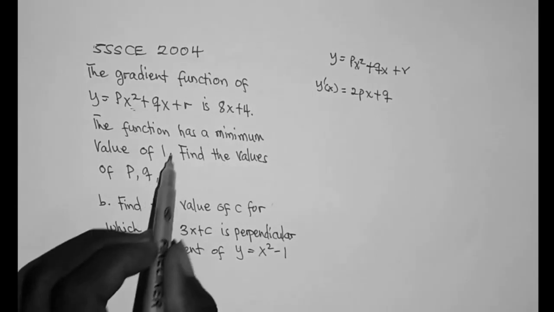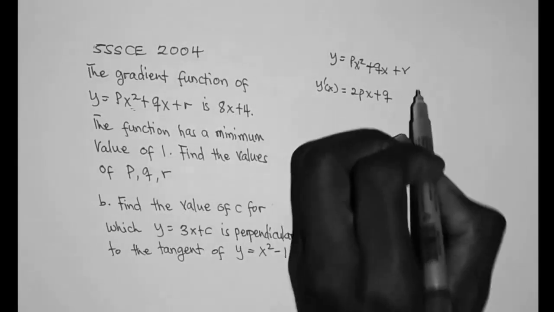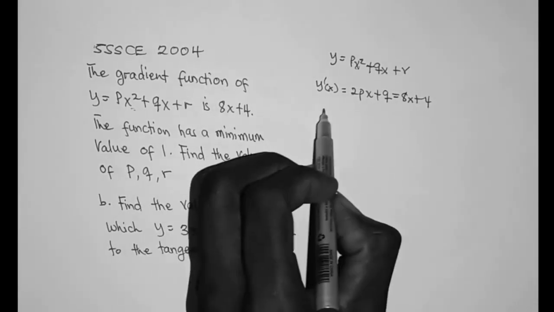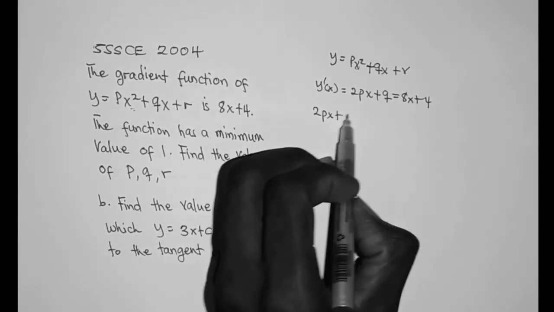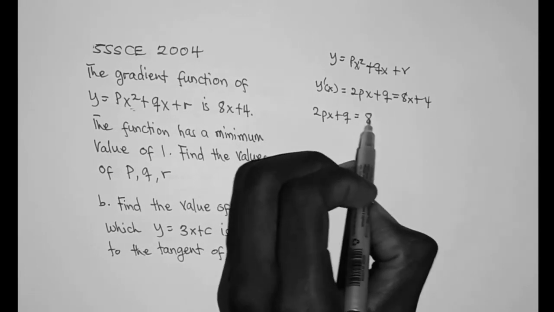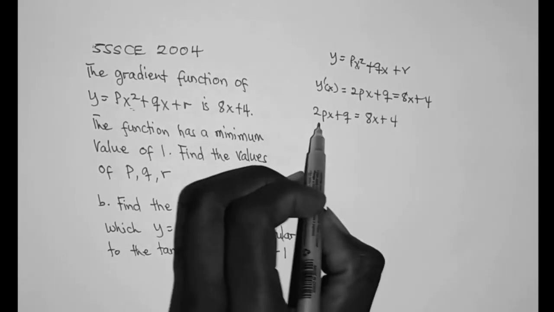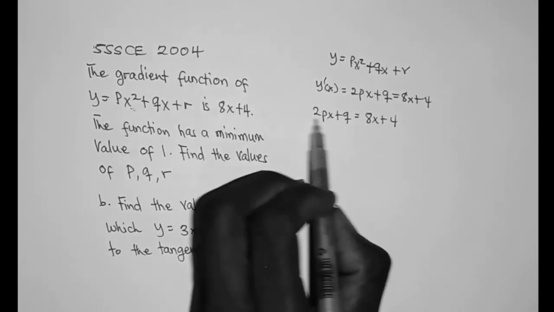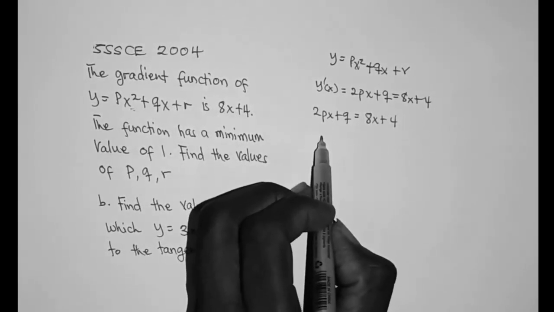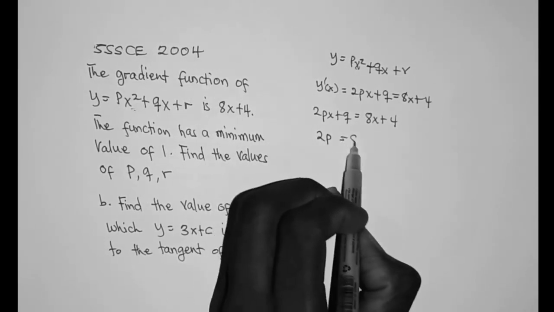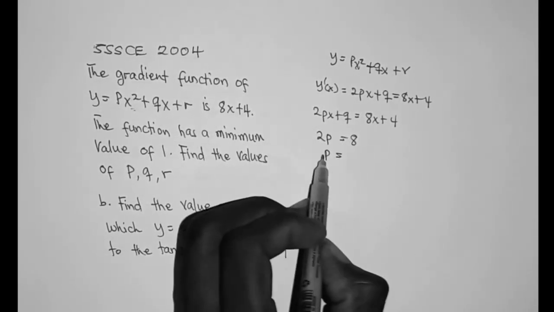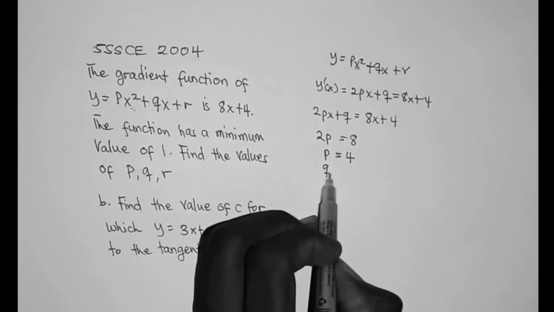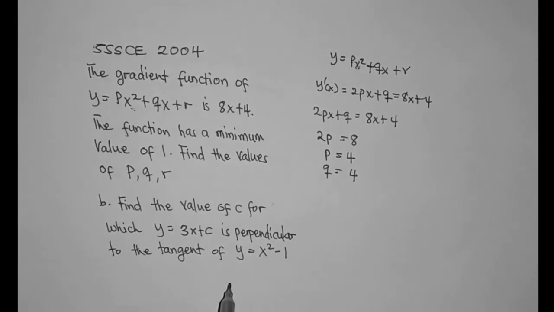And then this, the question says, is equal to 8x plus 4. So in other words, 2px plus q is equal to 8x plus 4. So right from here, you see that the coefficient of x here is 8. The coefficient of x here is 2p. So it implies that 2p is equal to 8. And if we divide through by 2, you see that p is equal to 4. And q in this case is also equal to 4.